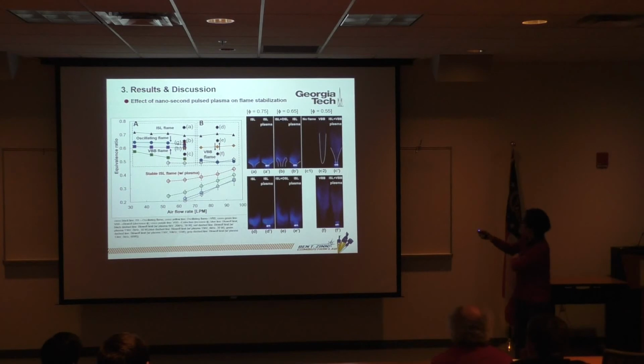So, for example, due to some environment, there's a lifted flame, then I can apply the plasma actively and attach it to the flame using the plasma. So, for safety reasons, in the gas turbine, there should be a stable flame, and these flames are very unstable.